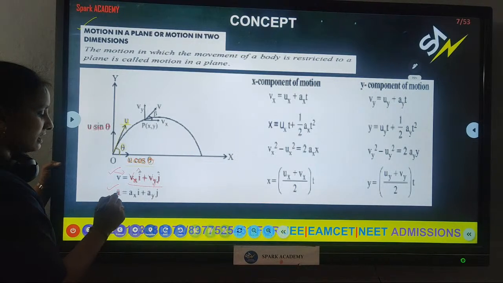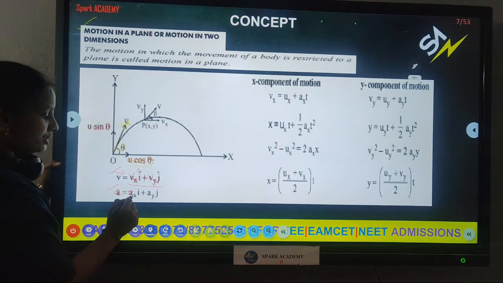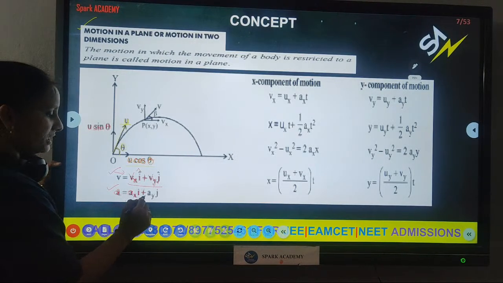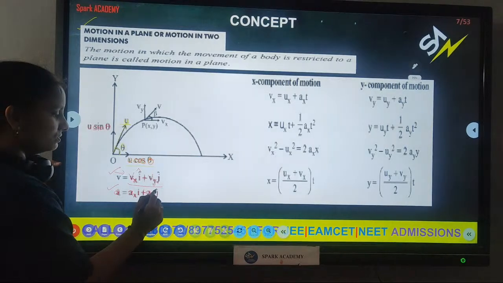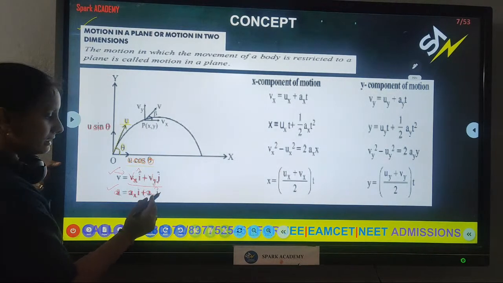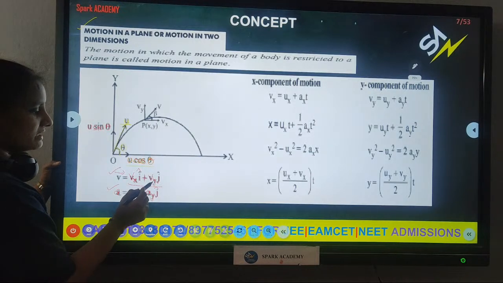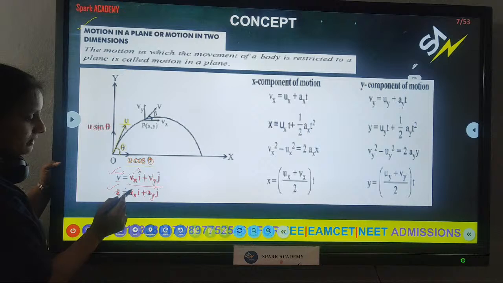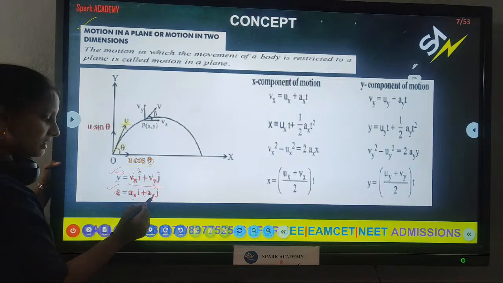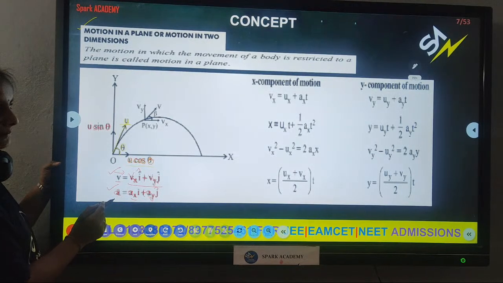Similarly, acceleration is ax i cap plus ay j cap. Here i and j are the unit vectors along the x and y directions. vx and vy are the components of v. Similarly, ax and ay are the components of a.